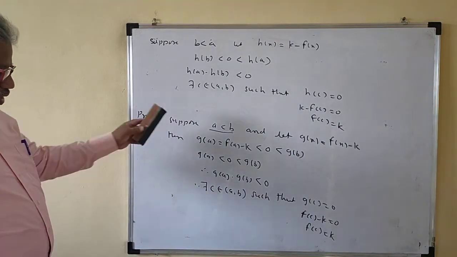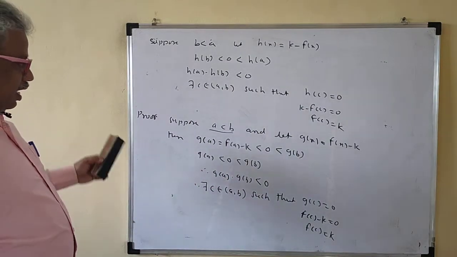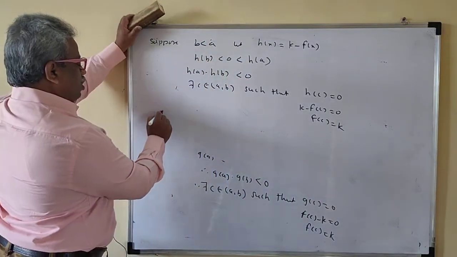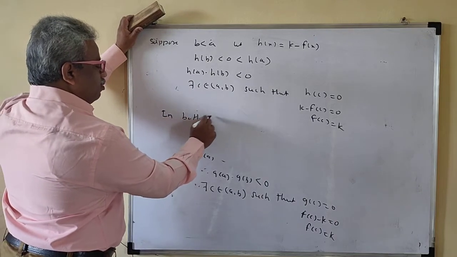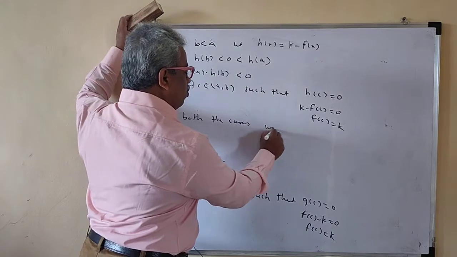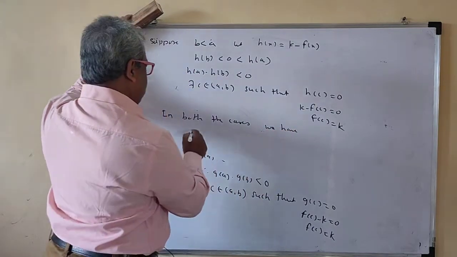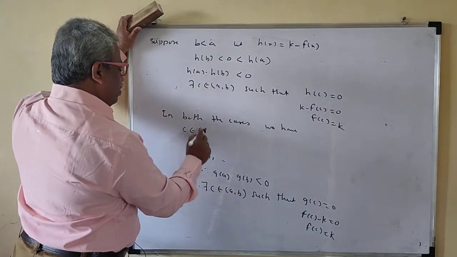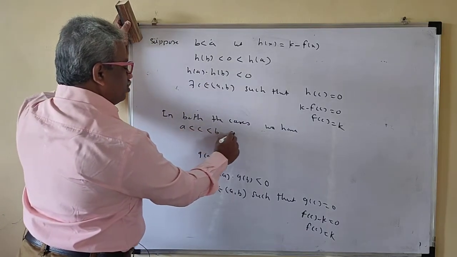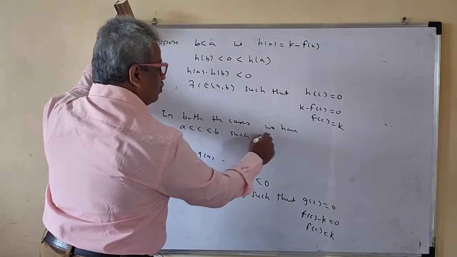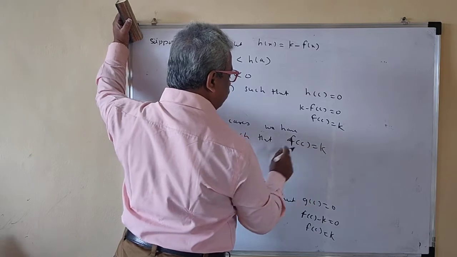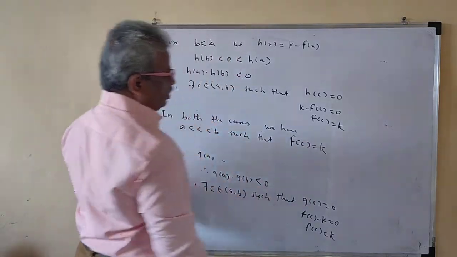Okay. So in both the cases we have proved that there exists c belonging to the open interval (a, b) such that f(c) equals k.